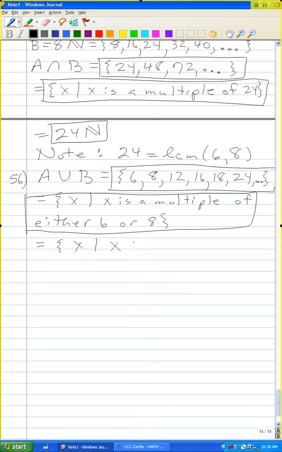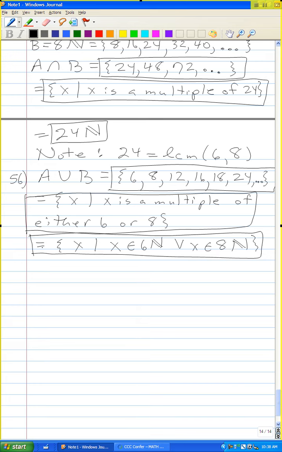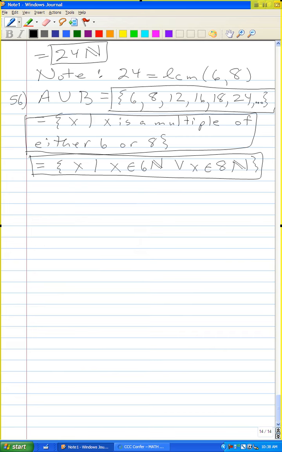The set of all x such that x is a multiple of 6 or x is a multiple of 8. Okay, no real good way to describe that set.